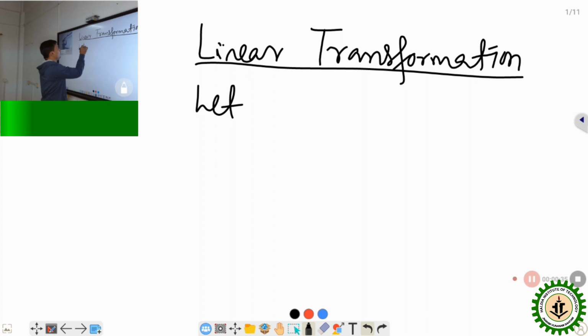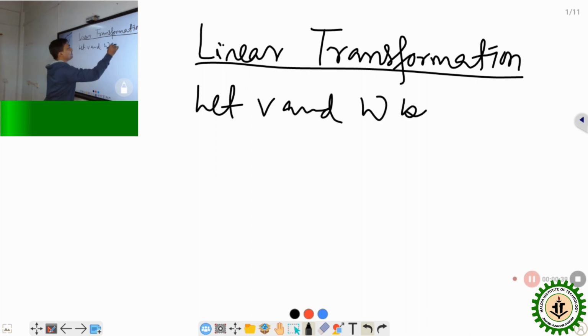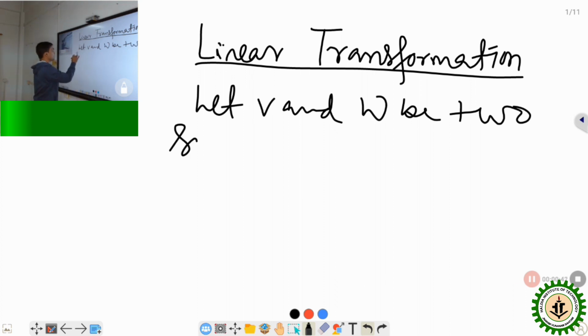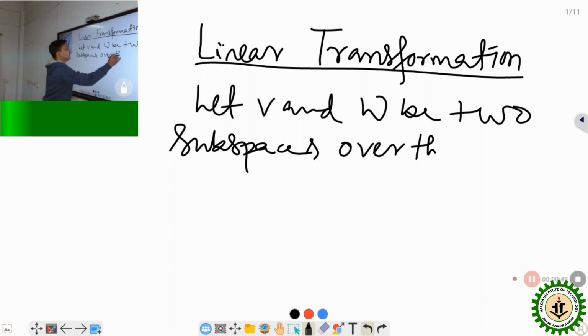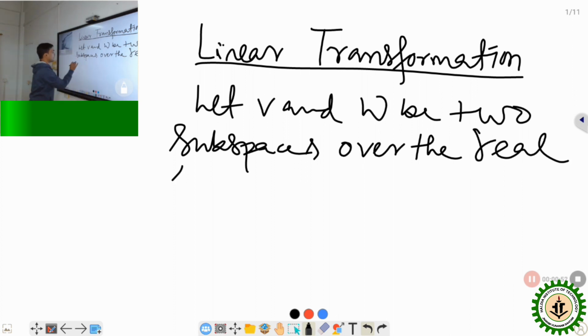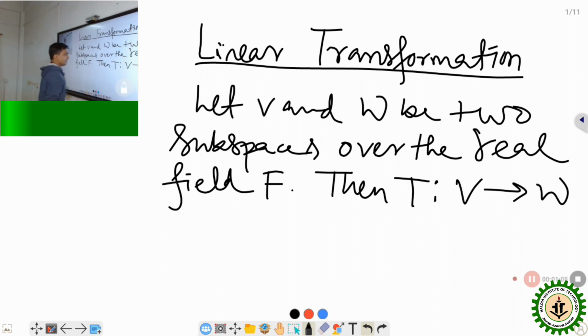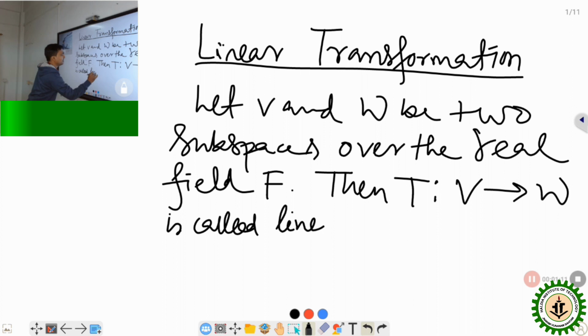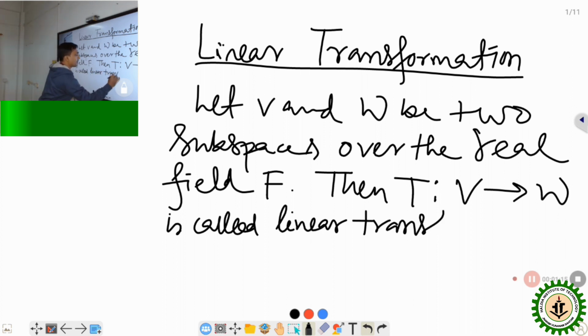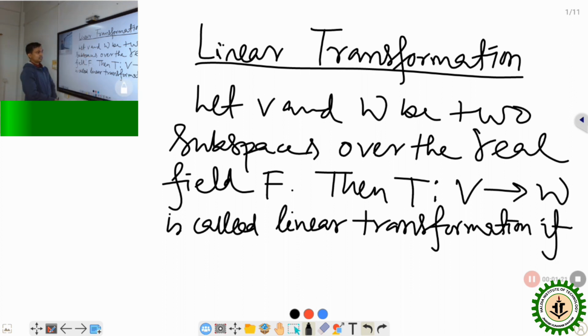Let V and W be two vector spaces over the real field F. Then T, a mapping from V to W, is called a linear transformation if it satisfies some properties.